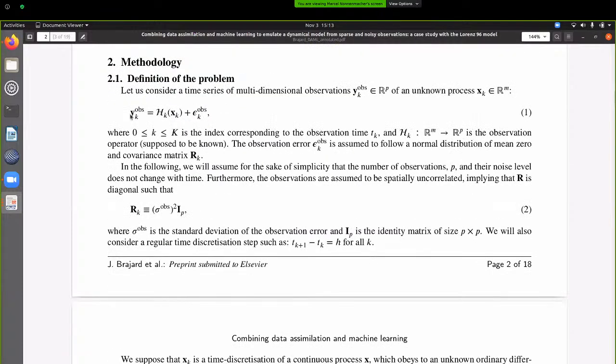The main thing that they're going to assume, and this notation nicely is going to stick throughout the papers that we're going to look at today, there are some observations. They're going to be called Y. And then there's some actual system states that are not observed.